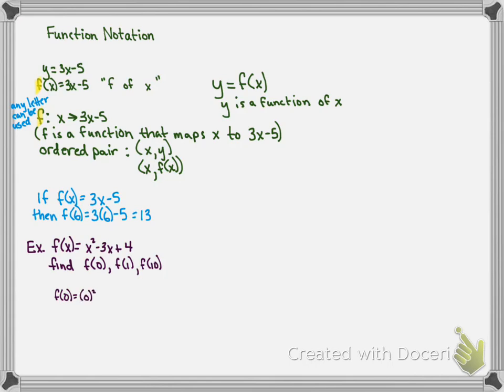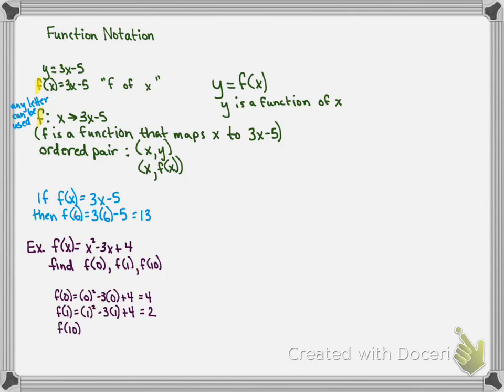So we have 0 squared minus 3 times 0 plus 4, which equals 4. Because 0 squared is 0, minus 3 times 0 is 0, plus 4 is 4. f of 1 equals 1 squared, minus 3 times 1, plus 4. 1 squared is 1, minus 3 times 1, which is 3, so 1 minus 3 is negative 2. Negative 2 plus 4 is 2. So f of 1 equals 2.